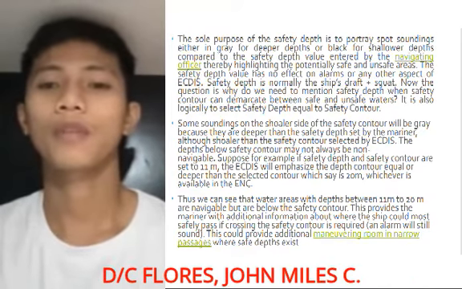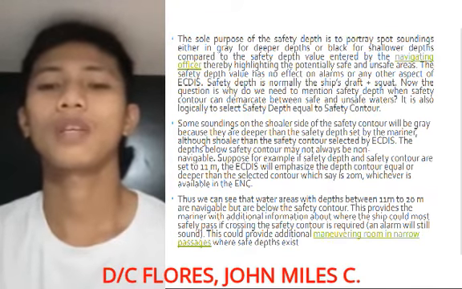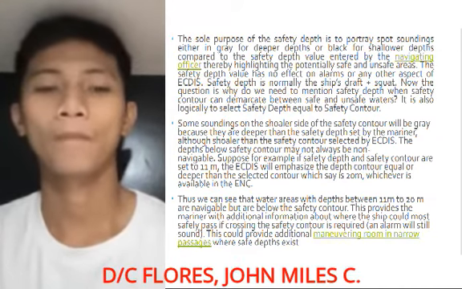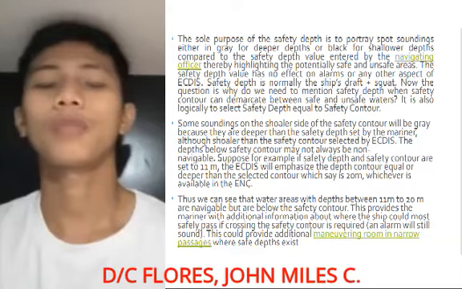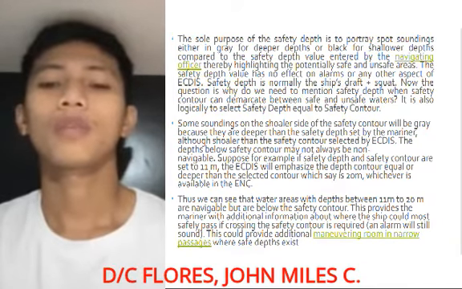Suppose, for example, safety depth and safety contour are set to 11 m. The ECDIS will emphasize the depth contour equal or deeper than the selected contour, which say is 20 meters, whichever is available in the ENC. Thus, we can see that water areas with depths between 11 meters to 20 meters are navigable but are below the safety contour.